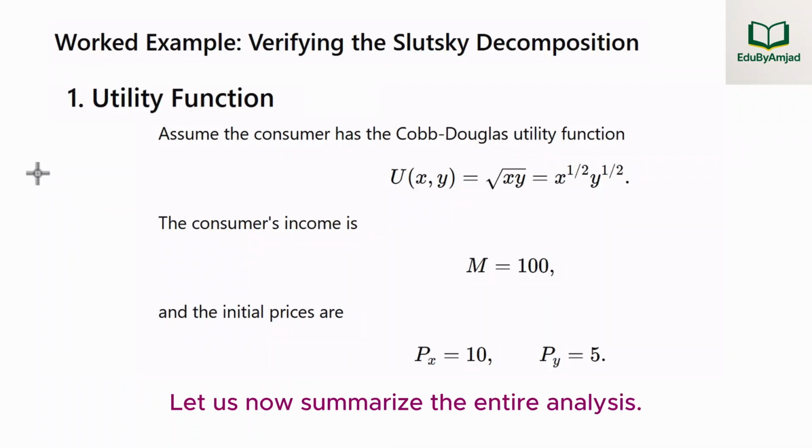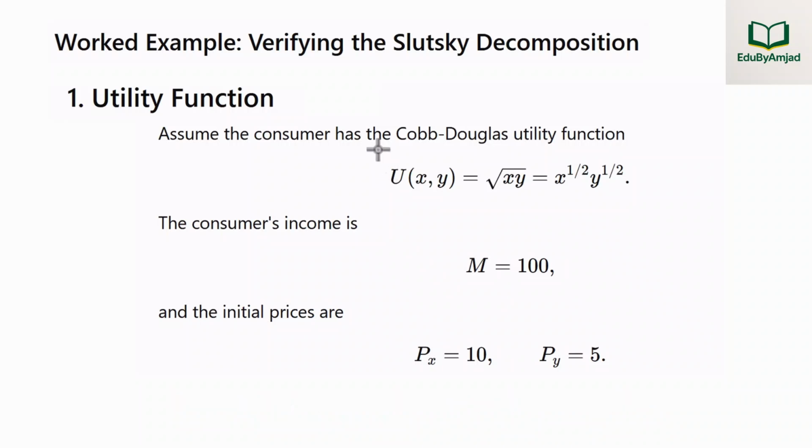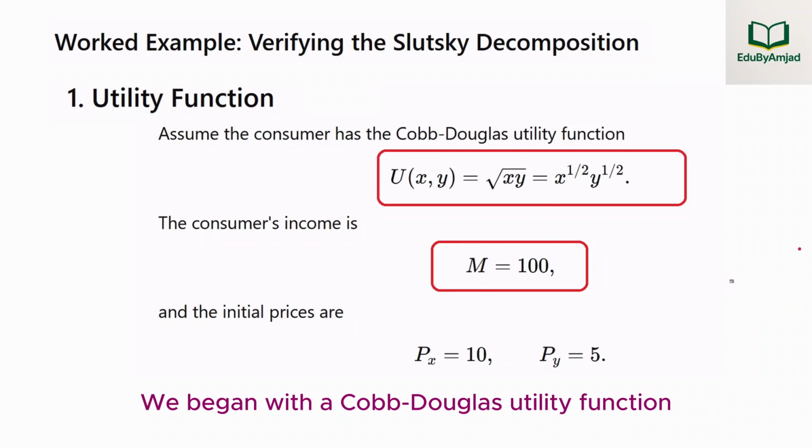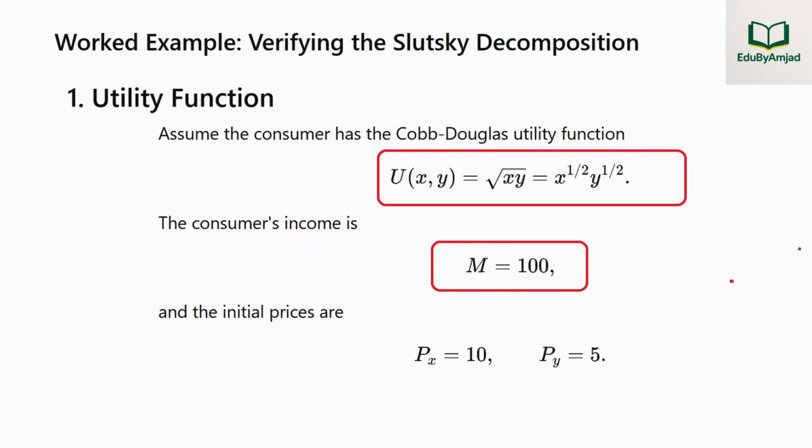Let us now summarize the entire analysis. We began with a Cobb-Douglas utility function and an income of 100 units of currency.